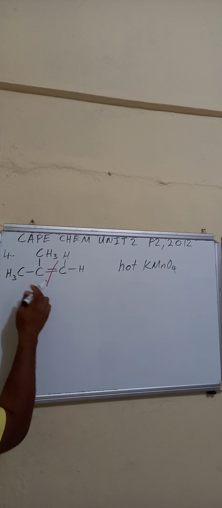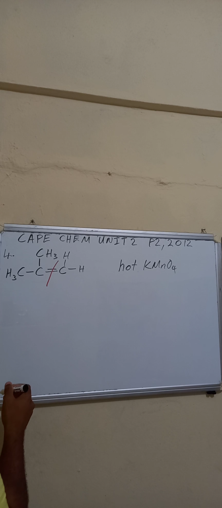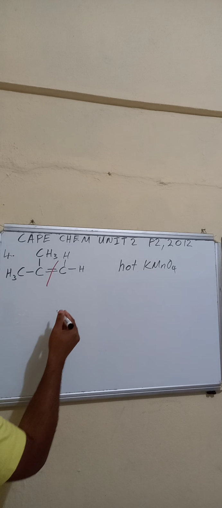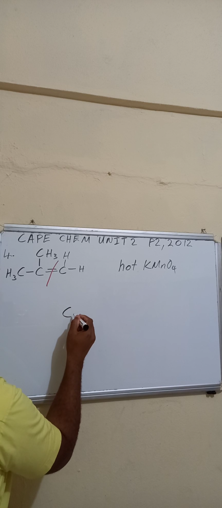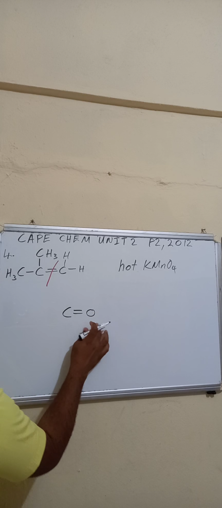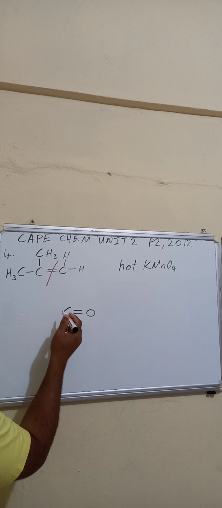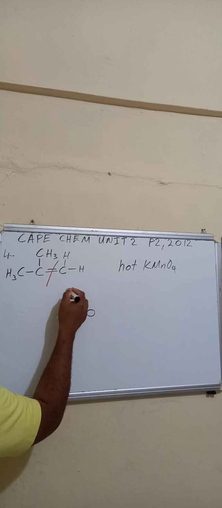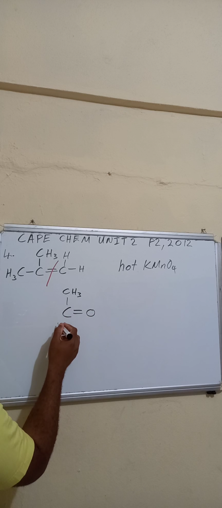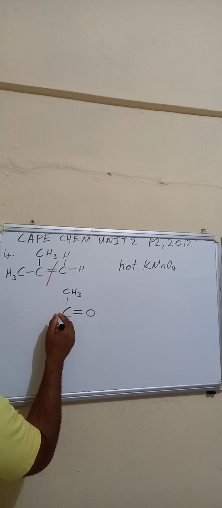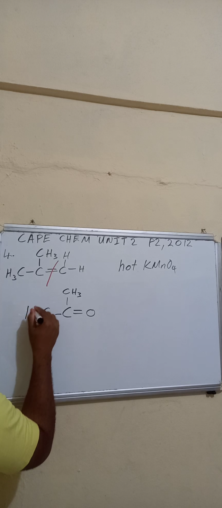Each carbon of the double bond, you're going to get this ketone group, or the carbonyl group, C double bond O, and you put back everything else. So this is one product.